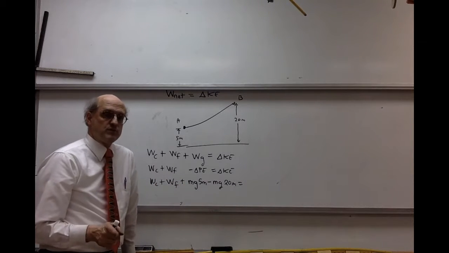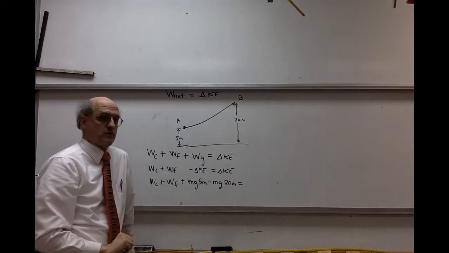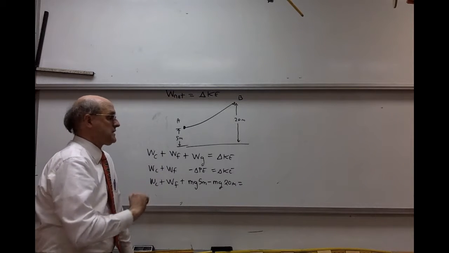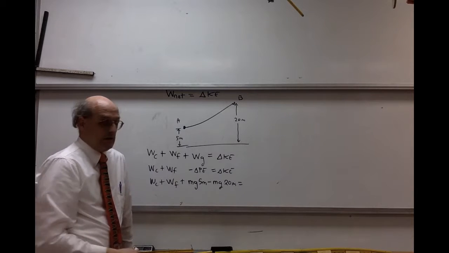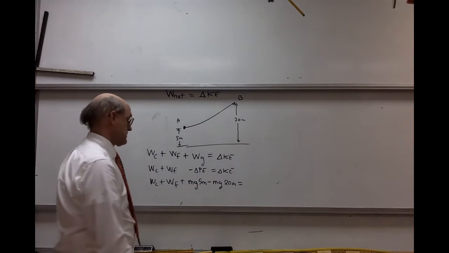Right, remember the change in potential energy is the final potential energy minus the original potential energy. So that would be mg times 20 meters minus mg times 5 meters. But we have to take the negative of that. So we get mg 5 meters minus mg 20 meters.